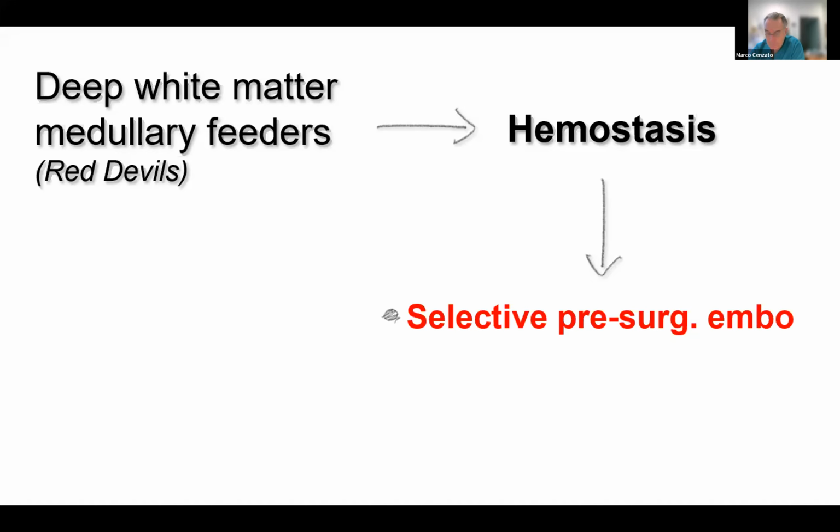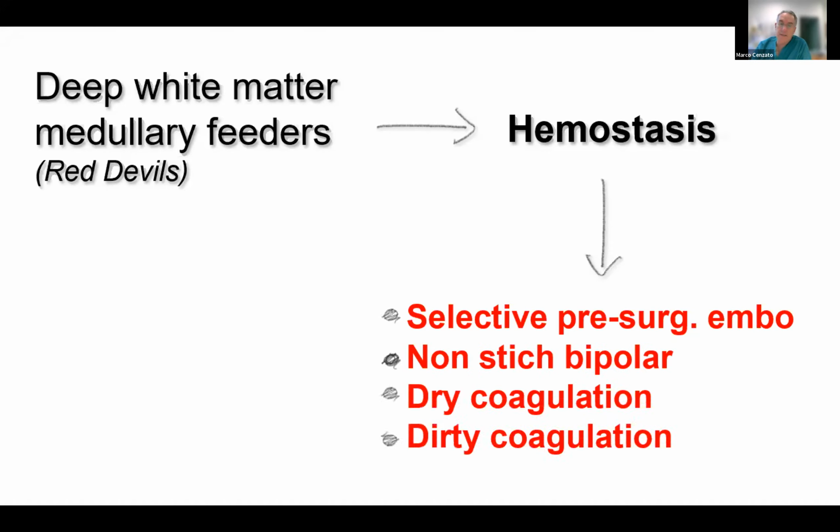We had coil, we had the web, we have flow diversion, we have a new device every year. Also in surgery, we had a new device in the last 10, 15 years that gave us a very different instrument to deal with hemostasis of this vessel.